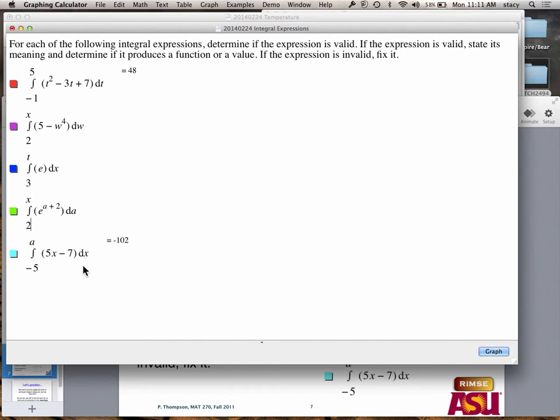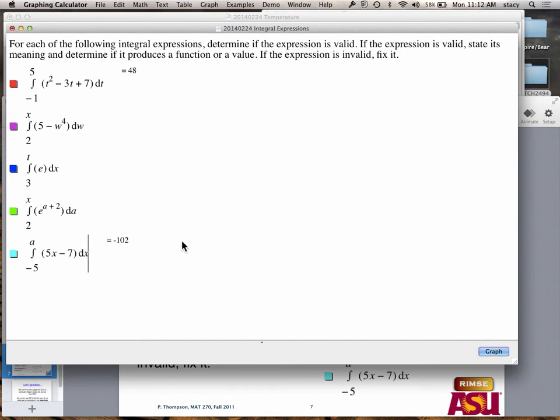Is it valid? Is it a function or a value? It's a value, right? You know it's valid because Graphing Calculator spit out something. Graphing Calculator will only spit out something if what you've written is mathematically valid. How does Graphing Calculator treat letters at the beginning of the alphabet?